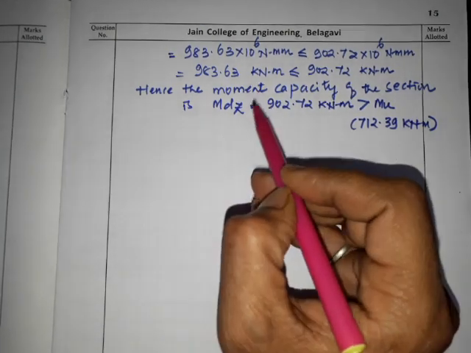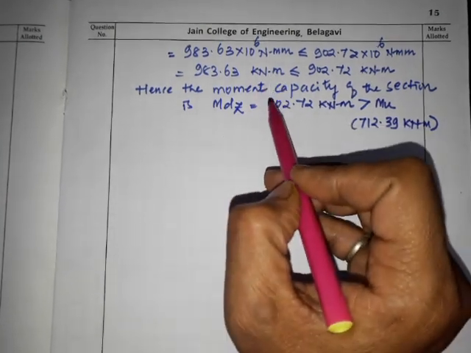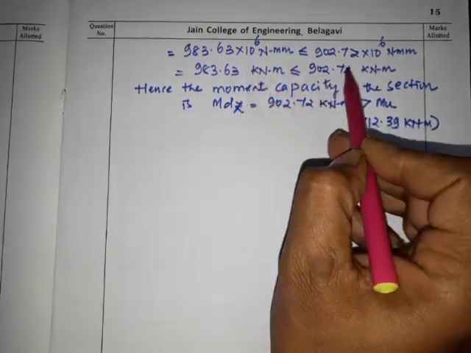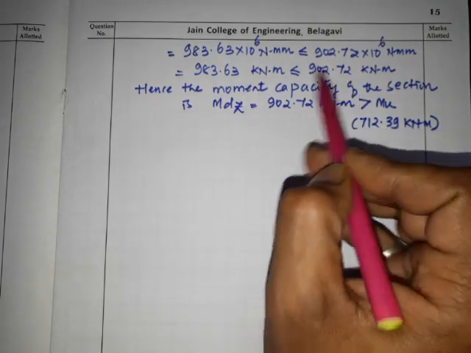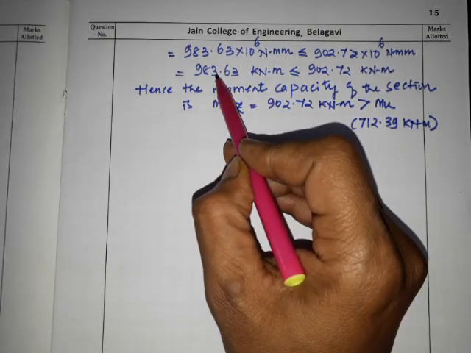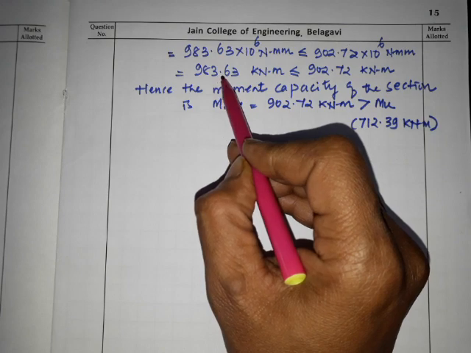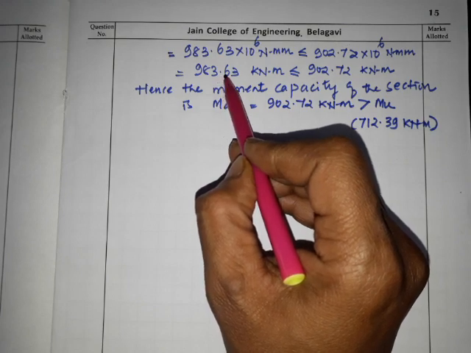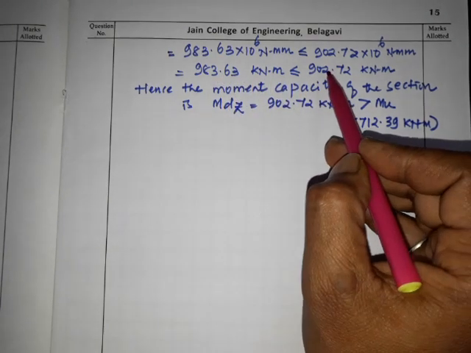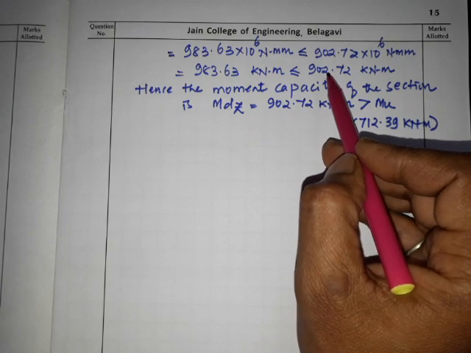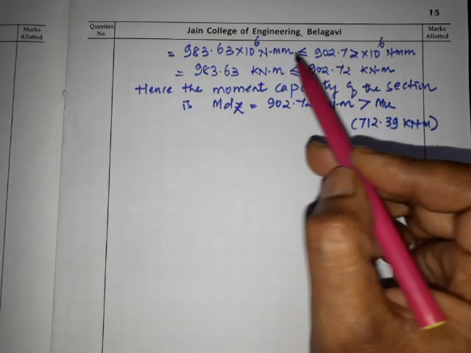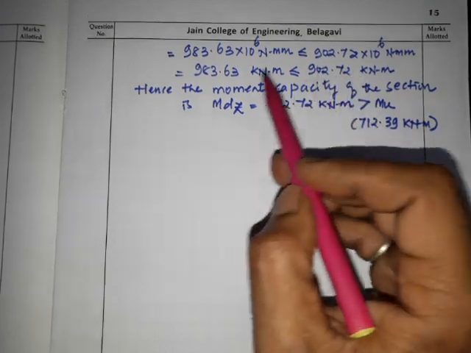The moment capacity of our section, you have to consider the least of these two. So both the values we have calculated. So one, the 983.63, it is with respect to plastic section modulus, and 902.72, it is with respect to elastic section modulus. By considering both the section modulus, we have calculated the value.